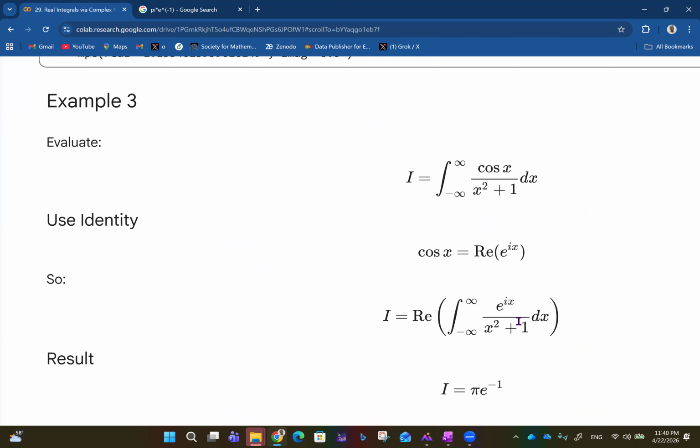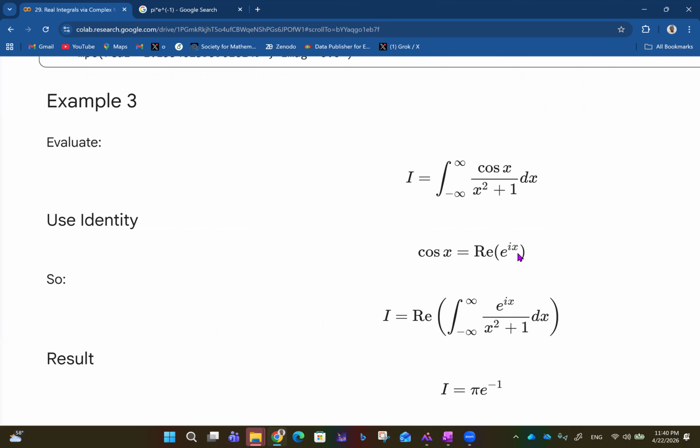Whatever you get here, if you get an imaginary part, you reject it. This expression is fundamentally the same thing as pi e to the minus 1 that we got before. So anytime it's cos like this, you want to relate it to e raised power ix to make life easy for yourself.